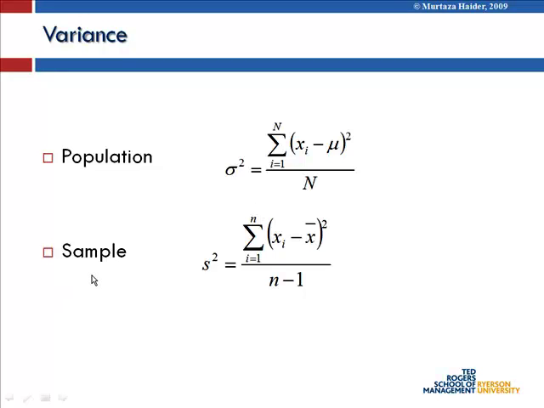As I mentioned in my last discussion, more often than not we are working with a sample, and in a sample we do not divide the squared deviations by n, but instead by n minus 1.